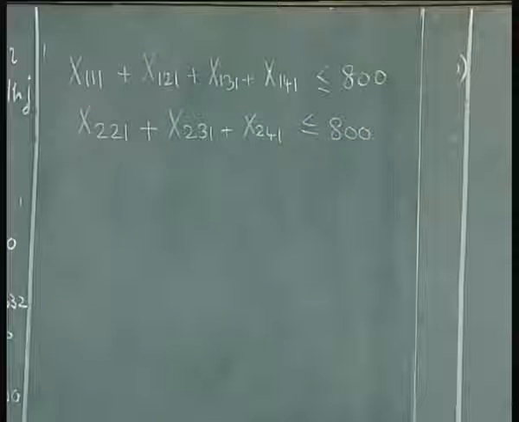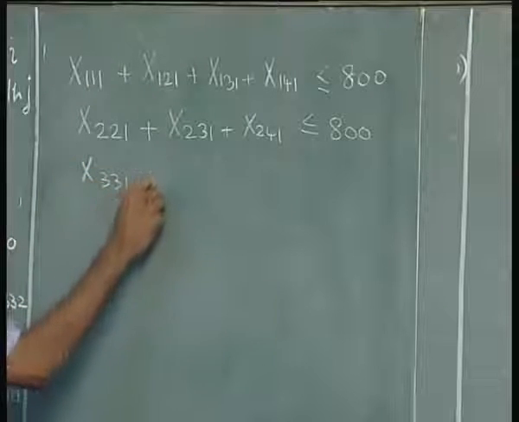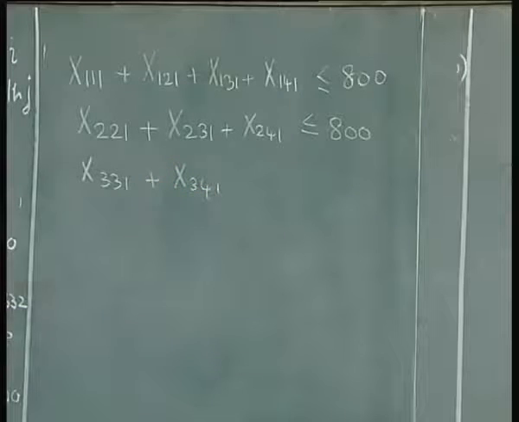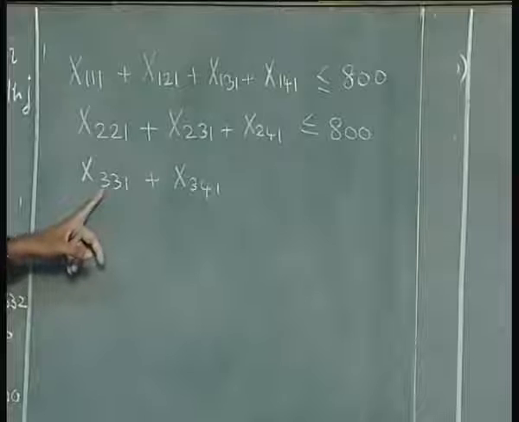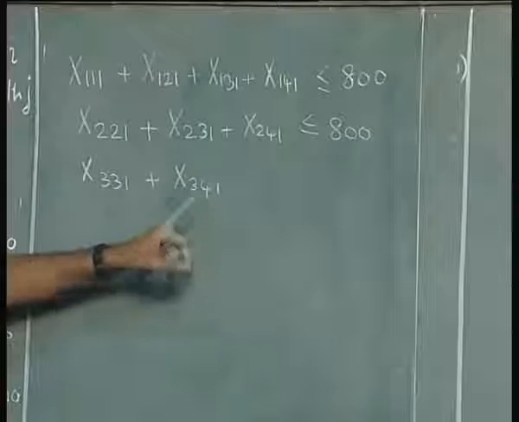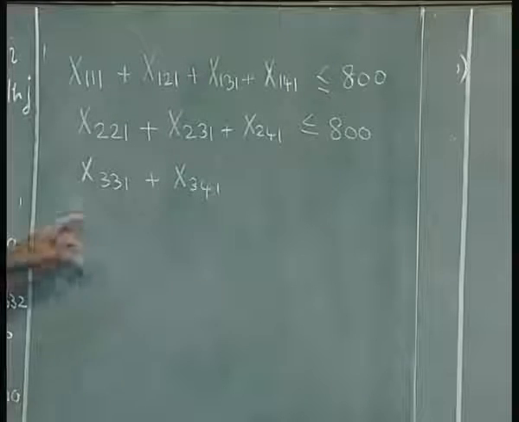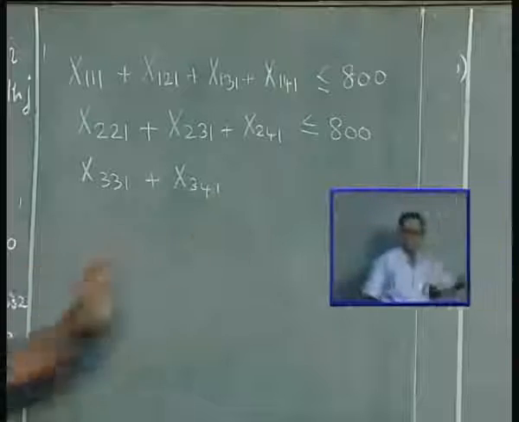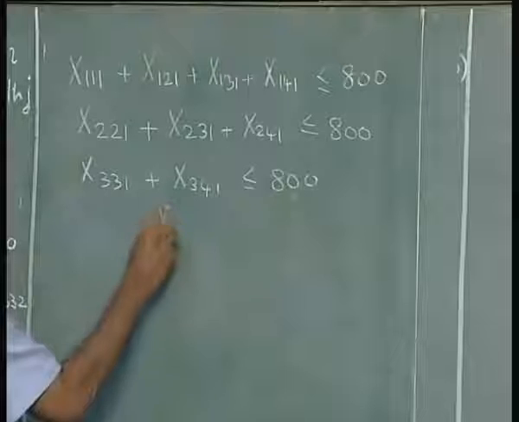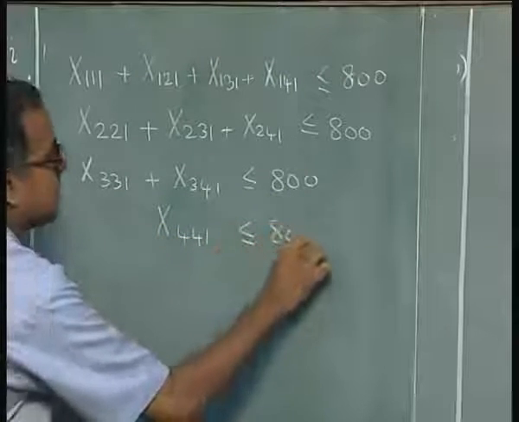As far as the third month is concerned, you will get x331 plus x341, because i equal to 3 represents producing in the third month, j can be 3 or 4, you can produce in the third month to meet the third month's requirement or the fourth month's requirement, and k is 1 because we are using regular time. So, this should be less than or equal to 800, and as far as the fourth month is concerned, you will have x441 less than or equal to 800.